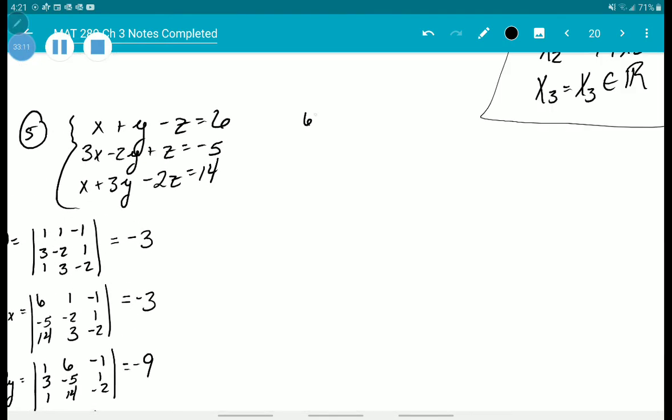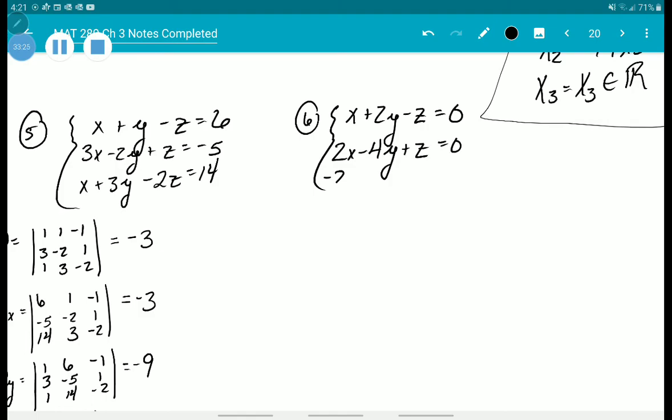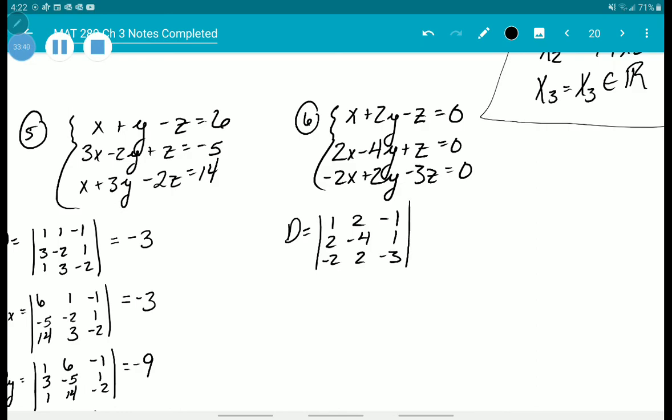And then that last one, matrix D is the coefficient matrix. I got 22. dx is going to replace the x column.